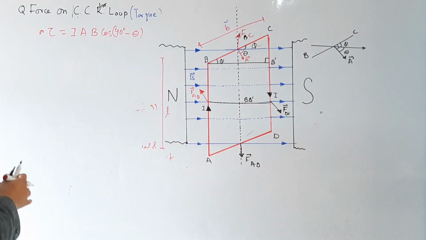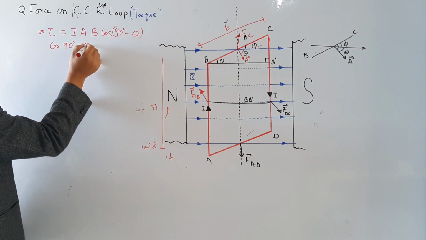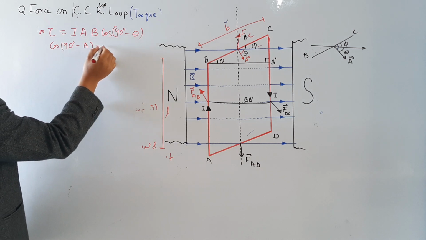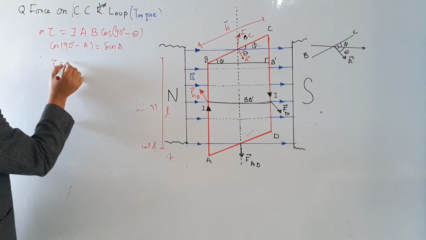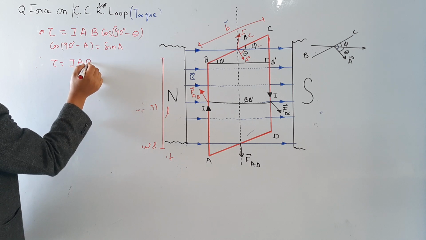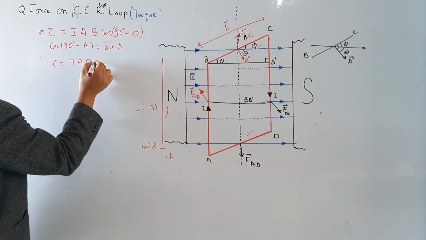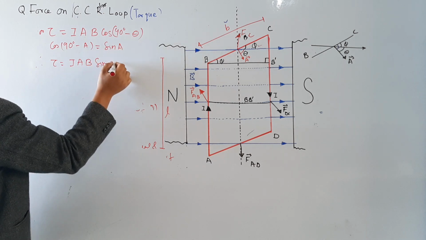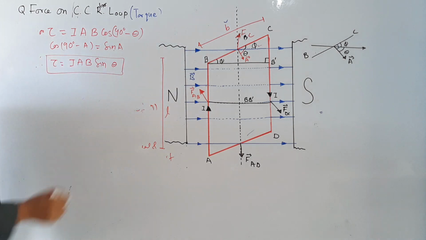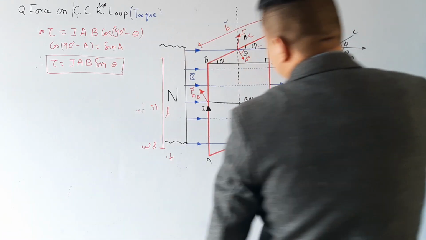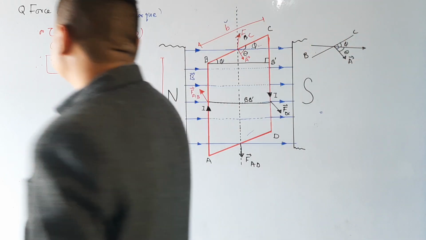Then we know cos 90 minus A is equal to sin A. So torque will be IAB cos 90 minus theta, and cos 90 minus theta is sin theta. So this is the net torque on the rectangular loop when placed in a uniform magnetic field.